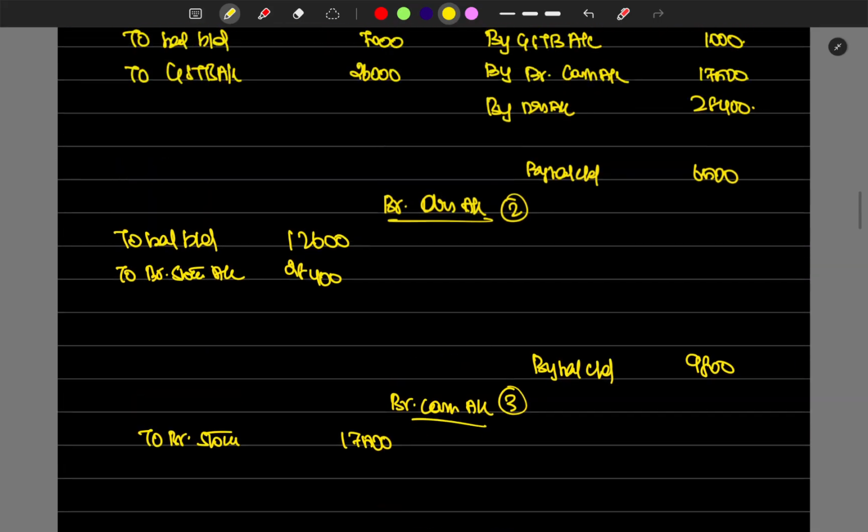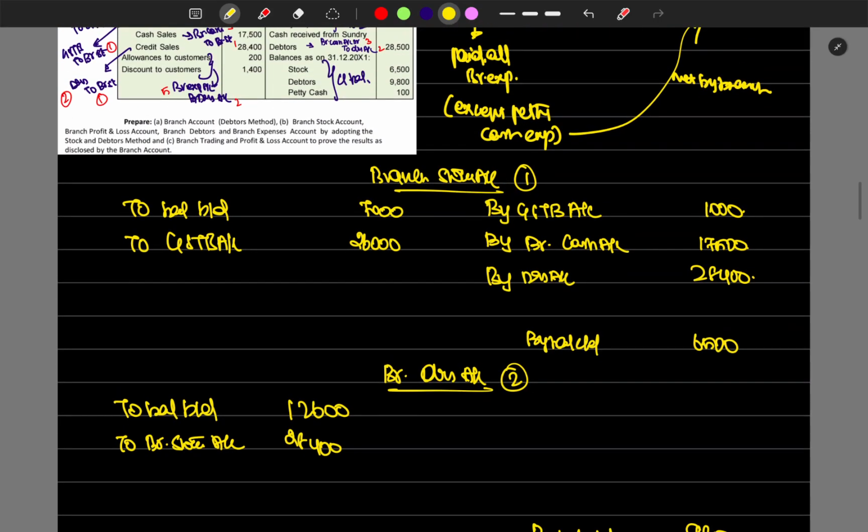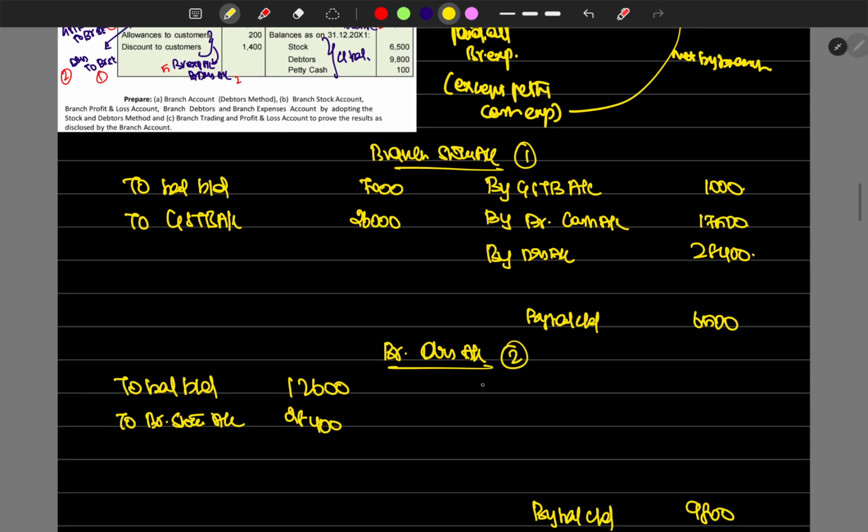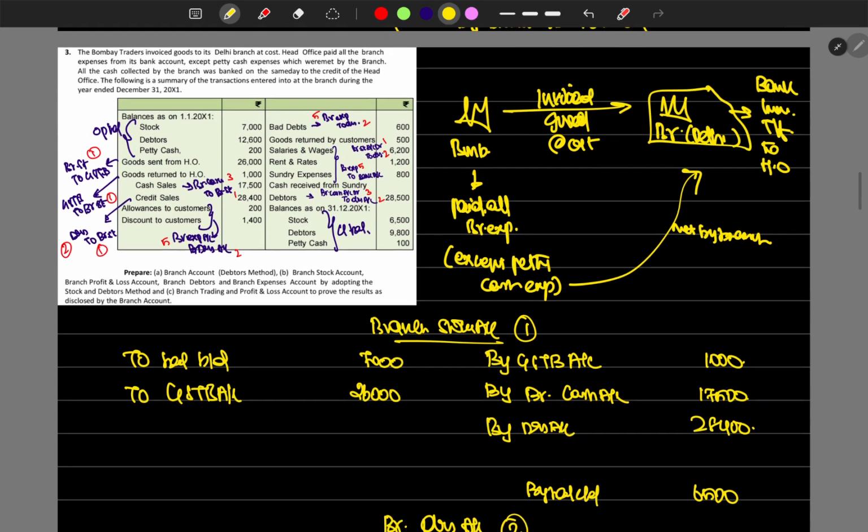Branch expenses to debtors. The 5 and 2 ledgers will be hit: by branch expenses, which is 2,200. This is simply the total of 200 plus 1,400 plus 600.